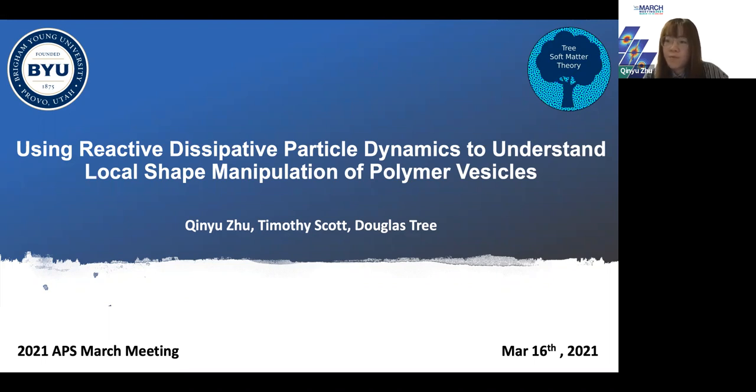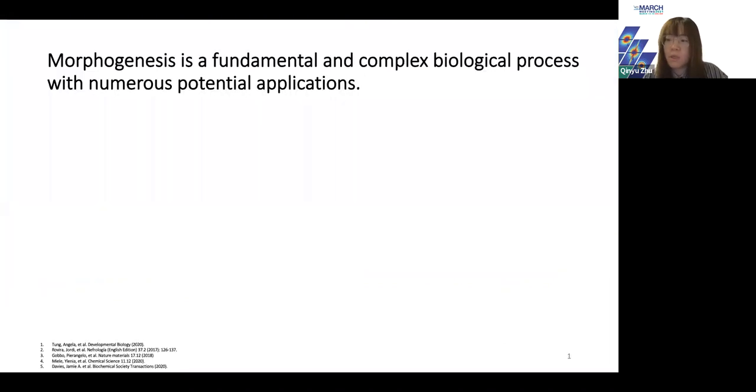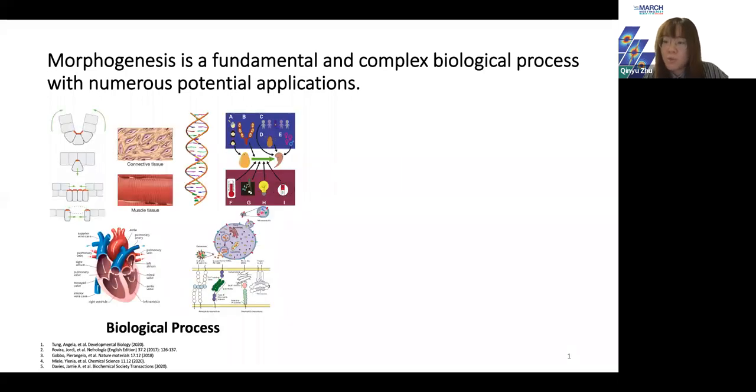The topic of my presentation is using reactive dissipative particle dynamics to understand local shape manipulation of polymer vesicles. The idea of our research is inspired by the concept of morphogenesis. It's a biological process that describes the behavior of organisms taking forms and changing shapes at different length scales and levels.